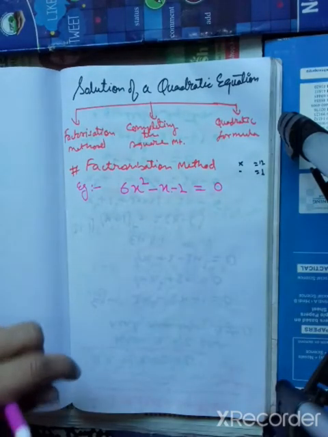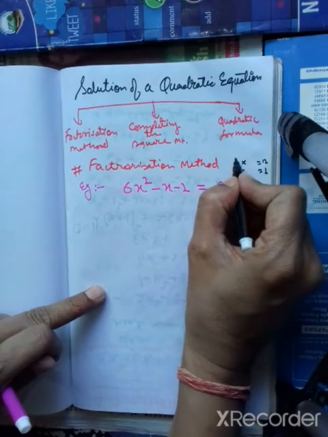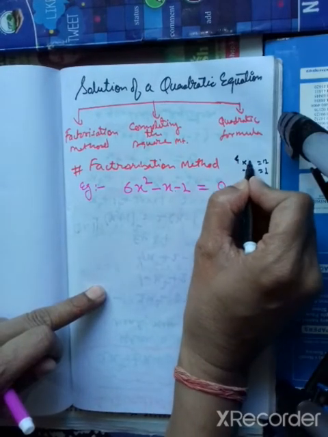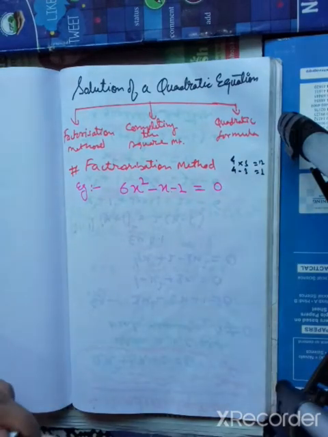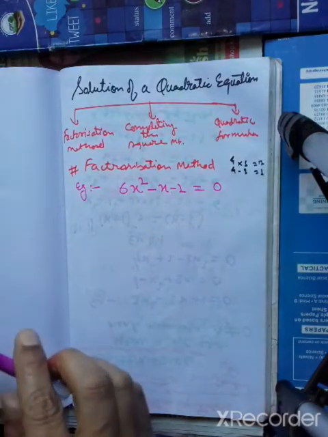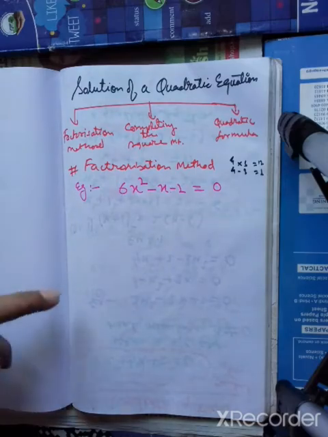So that is 4 and 3. 4 into 3 is 12 and 4 minus 3 is 1, right? So we'll apply it here, right?